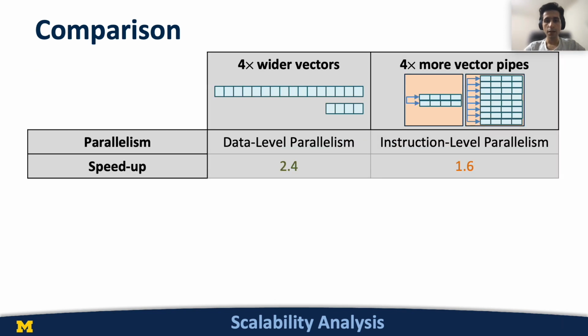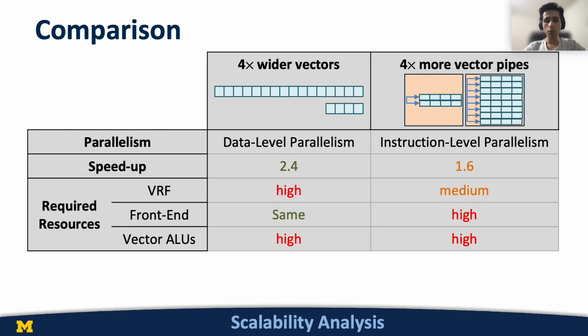Finally, we compare a design with 4 times wider registers with another design with 4 times more pipelines. Using data level parallelism, wider vectors enhance performance by 2.4 times, while more vector pipelines exploit limited instruction level parallelism to improve performance by 1.6 times.